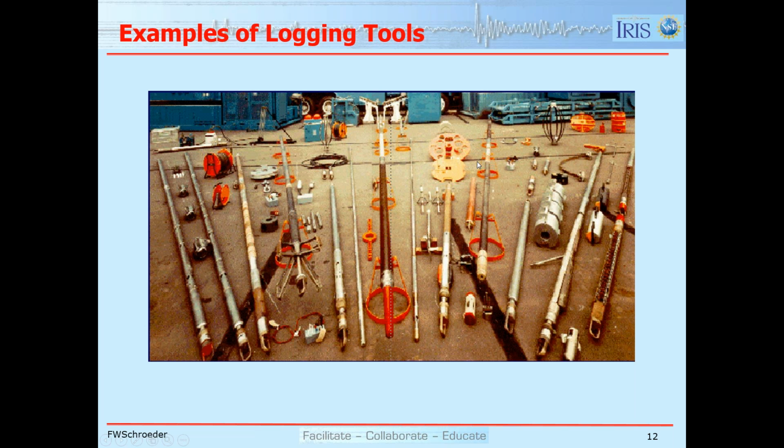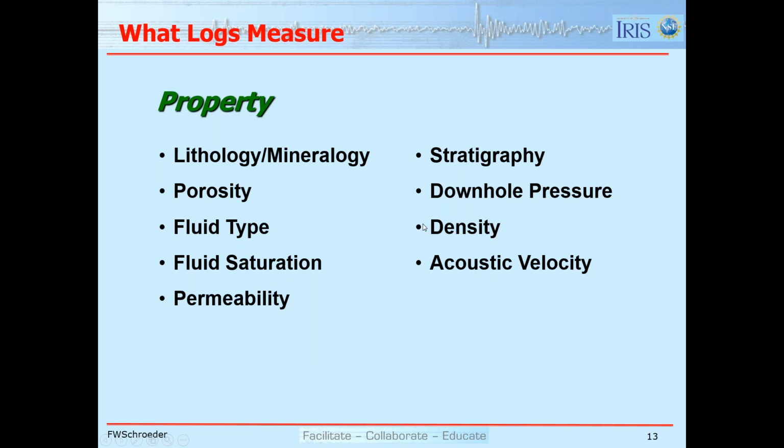They'll couple 3 or 4 or 5 or 8 or 10 of these tools together. They register where each one is in depth relative to the cable, and so they can collect 8 different logs at the same time, and they're able to properly depth register each of the logs.